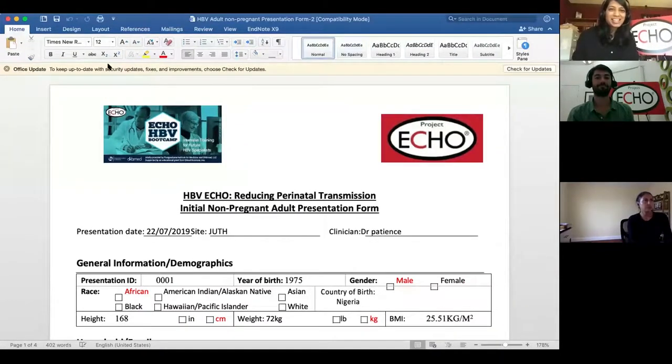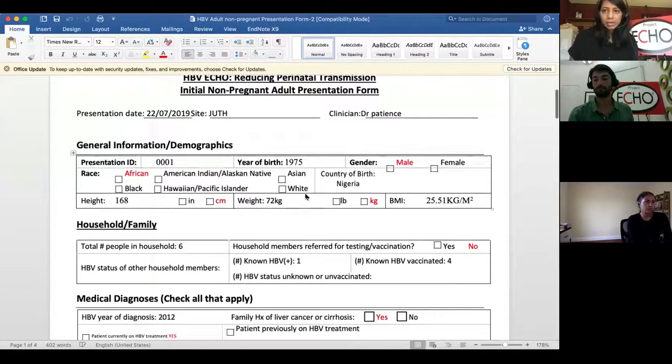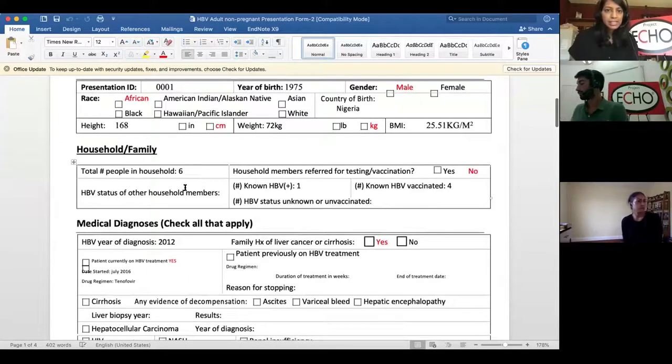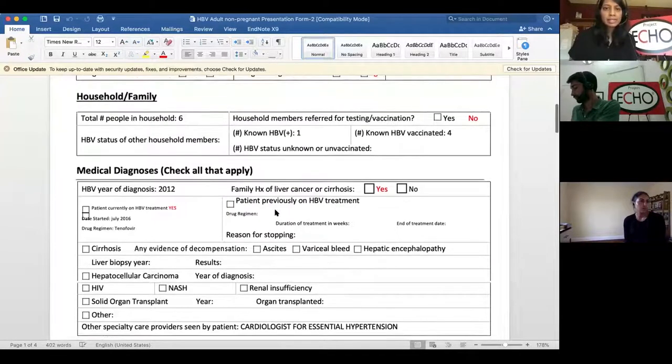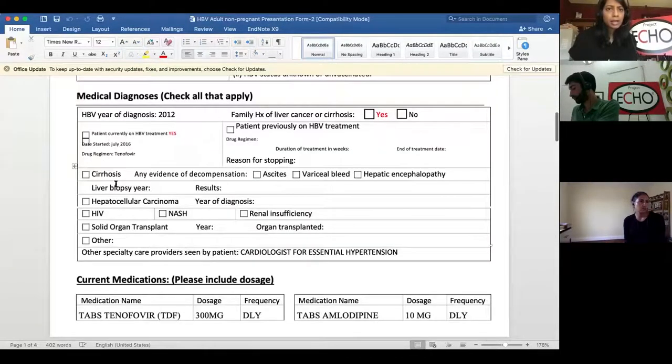Yeah. Okay, sorry. So again, born in 1975, so a 44-year-old person of African origin, born in Nigeria. 6 household members that the person lives with, 1 who is hepatitis B positive, 4 who have been vaccinated, and no one whose status is unknown or unaccounted for.